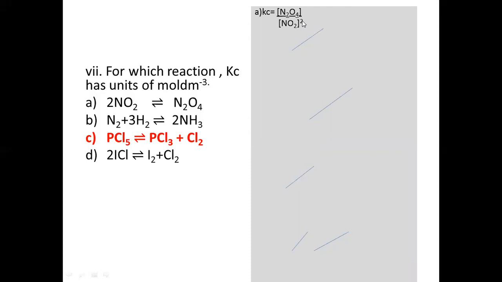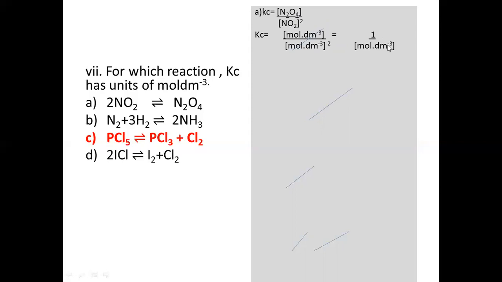By putting the value, mole per decimeter cube for nitrogen tetraoxide, and mole per decimeter cube squared for nitrogen dioxide, 1 mole per decimeter cube cancels out with 1 mole per decimeter cube in the denominator. As a result, 1 over mole per decimeter cube is left behind.